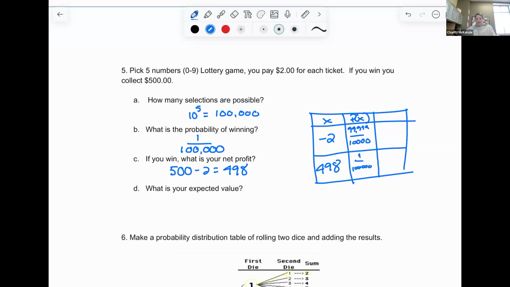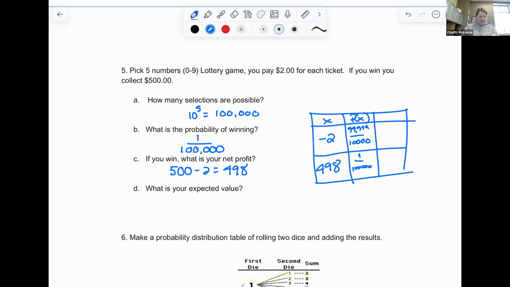We'll definitely have to use our calculator for this one to find that expected value, that mean. I'm going to take -2 times, and then in parentheses, 99,999 divided by 100,000. And then I'm going to add it to 498 times 1 divided by 100,000.